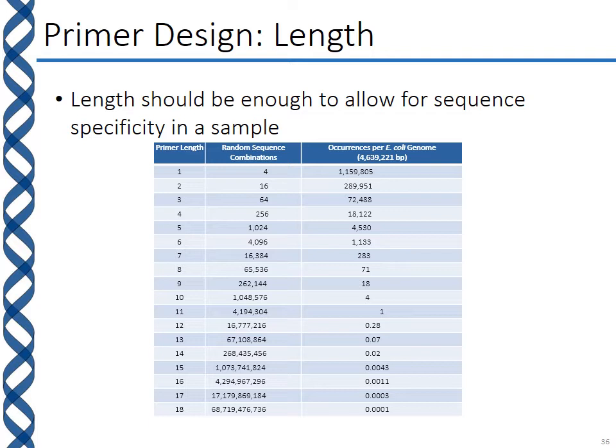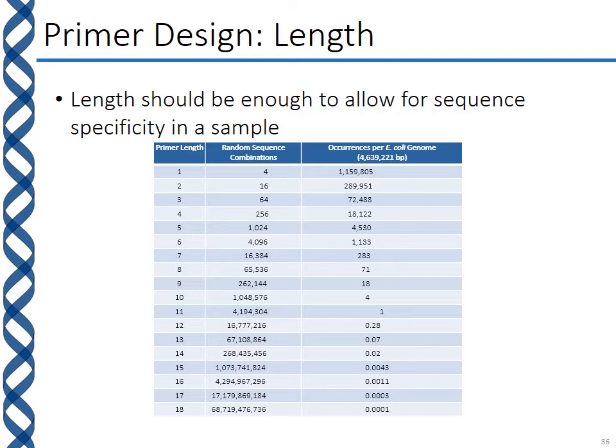So when you design your primers, if they are long enough, you should have reasonable guarantee that that site that you're looking at is the only one within the genome.